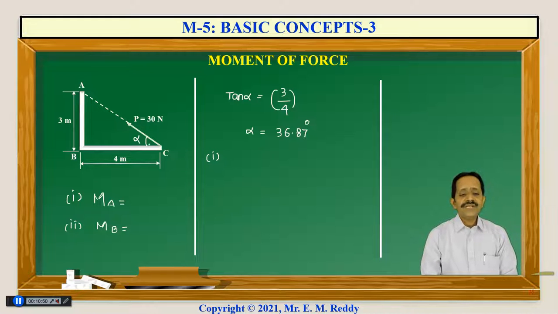Now, first we will calculate moment of this force about A. So, if you see this figure, the line of action of this force is passing through point A. Means the perpendicular distance from the line of action of this force about point A will be 0, right?